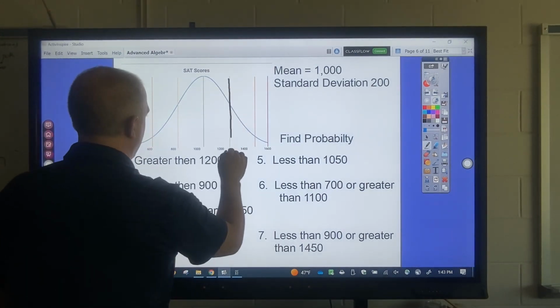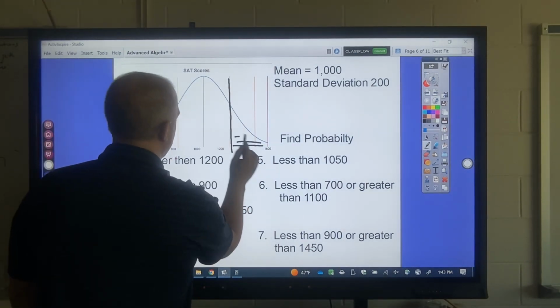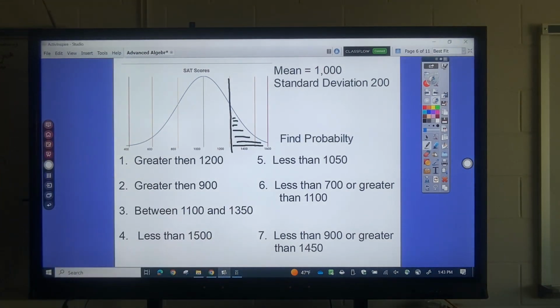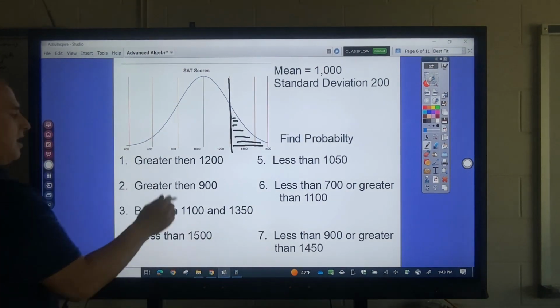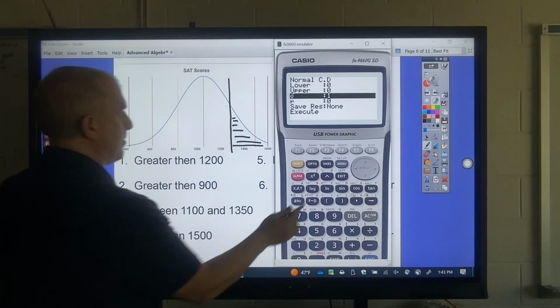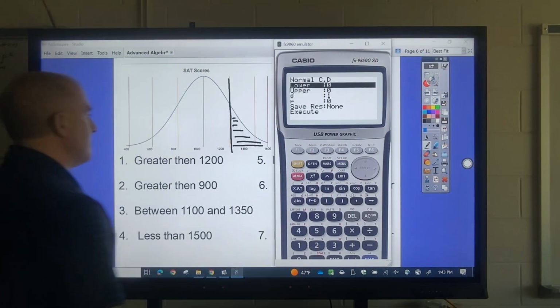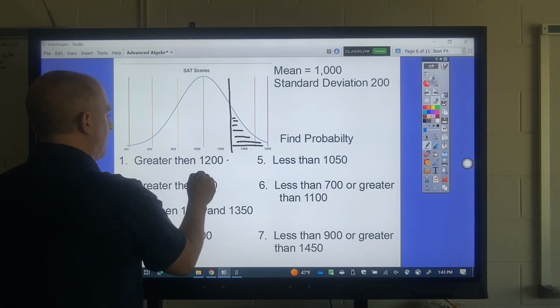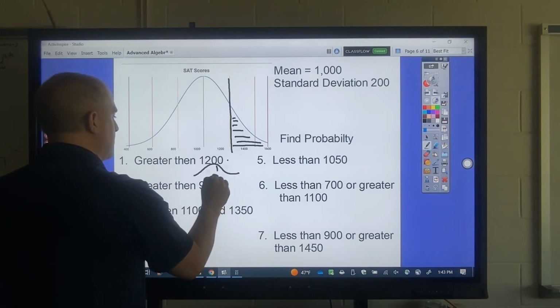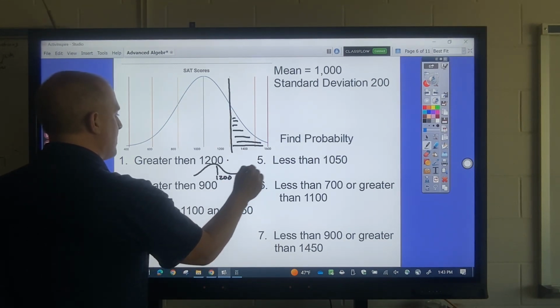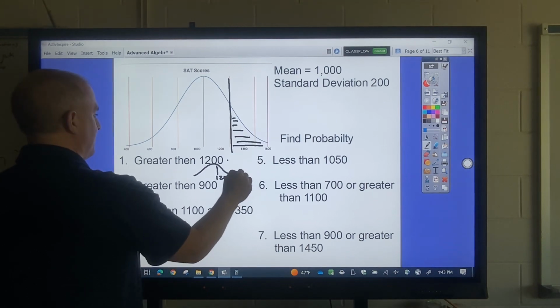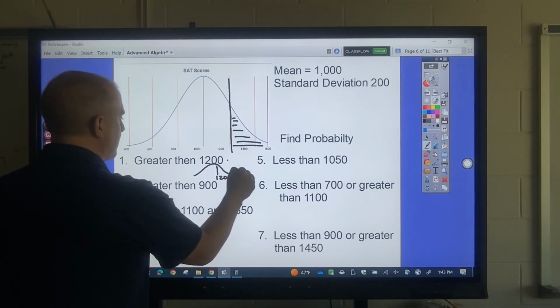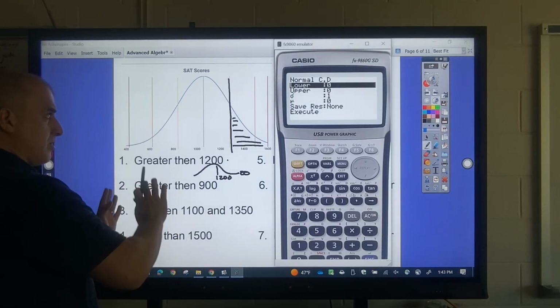At 1200, greater than would be, what is the probability that this is happening? How would we set that up? If we were at this point, my lower amount here would be 1200. And it's greater than, so that's basically infinity, so it goes that way.